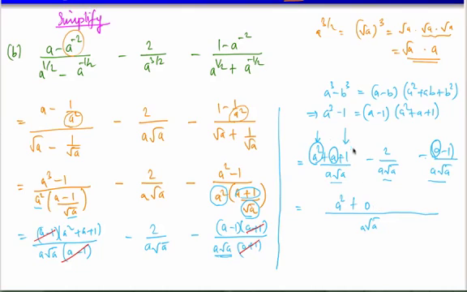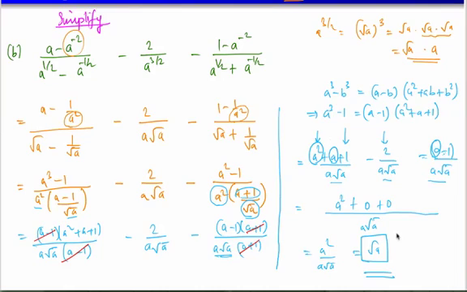What about constants? 1 minus 2 is minus 1, minus 1 minus minus plus 1, that is also 0. So finally we get a square upon a root of a, that is nothing but square root of a. So this is the final value of this expression. So this whole expression when simplified is nothing but square root of a.